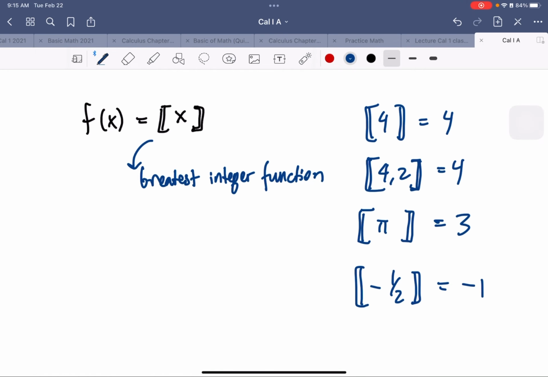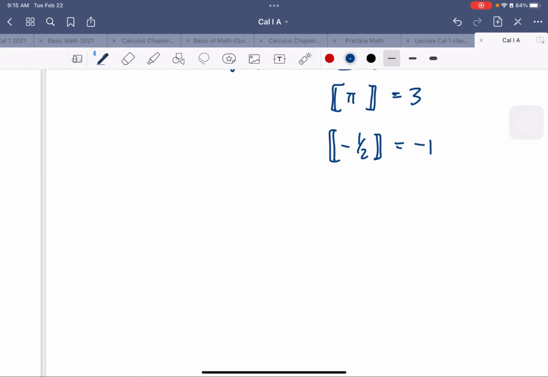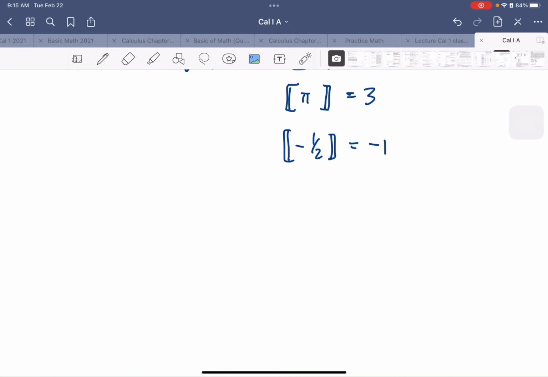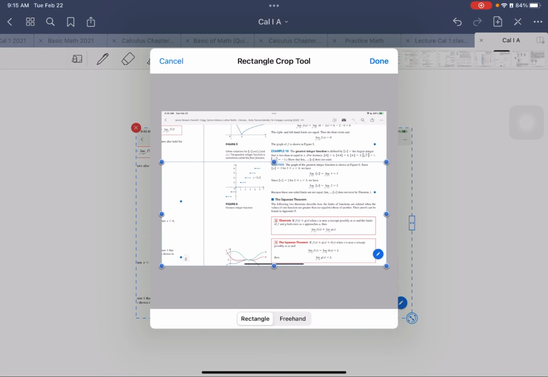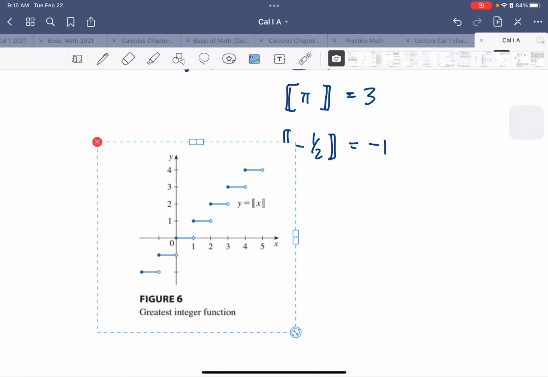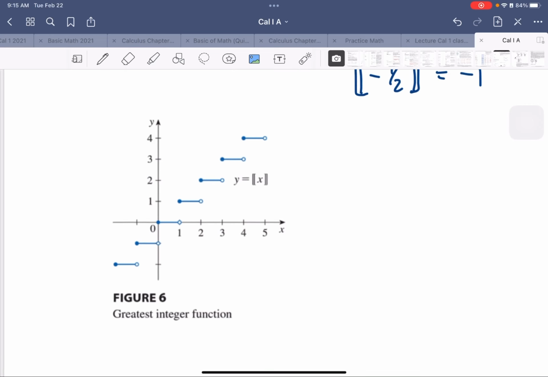So if we draw that, that's what our function will be.